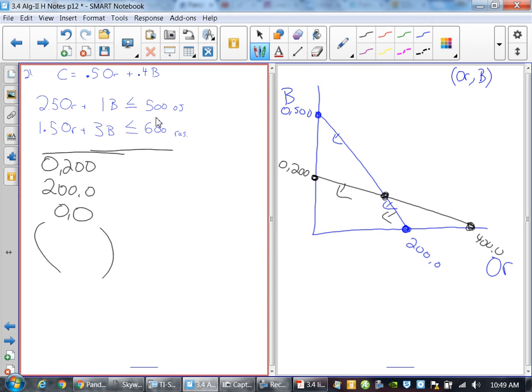This gives me a -6 orange, so I'm going to move that to the right side and subtract 600 back.